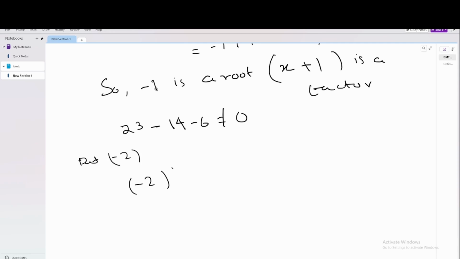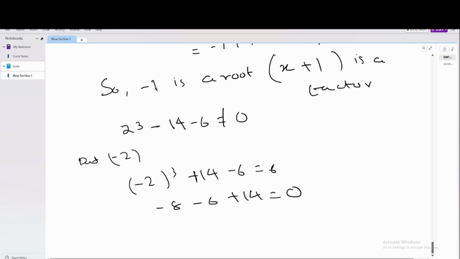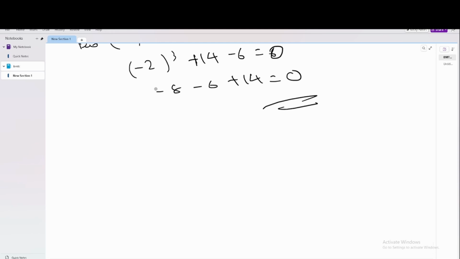Minus 2 cube plus 14 minus 6 is minus 8 plus 14 minus 6 equals 0. So minus 2 is a root, x plus 2 is a factor.